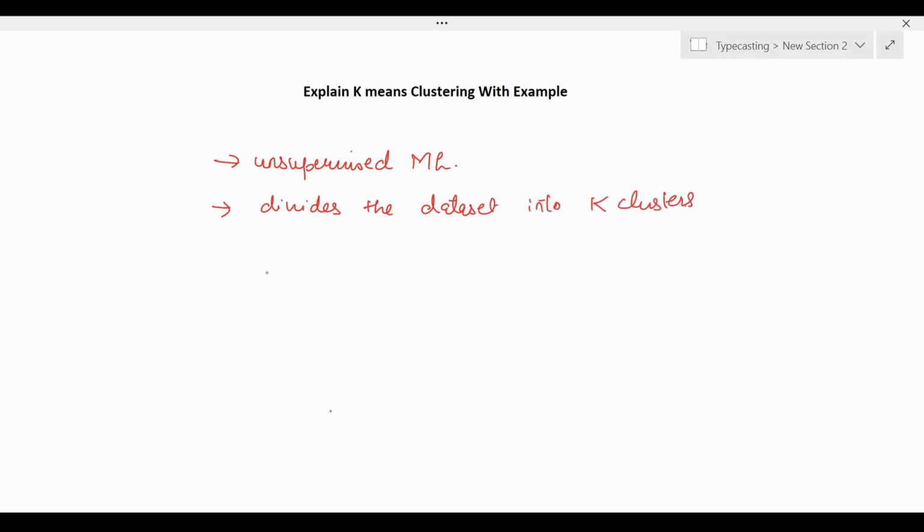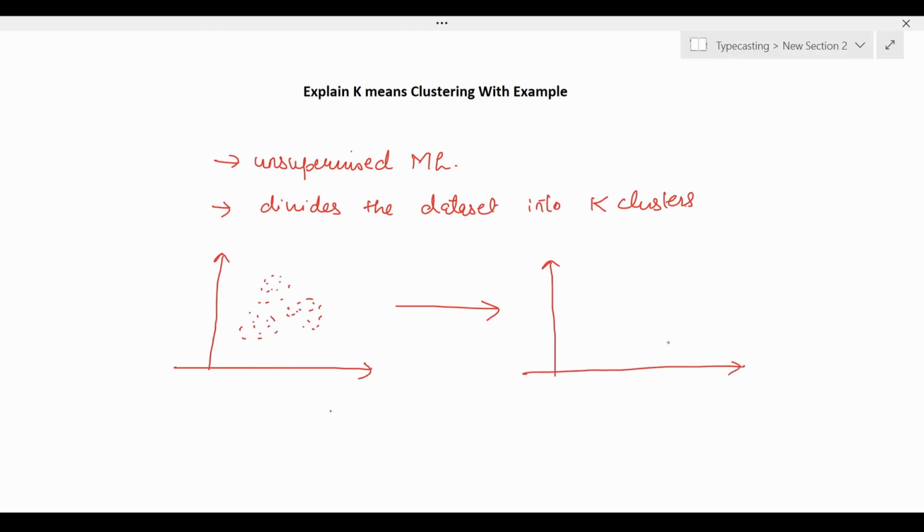So for example, you have some data points here, some data points here, some data points here. It will divide them into some clusters like this. It will put these data points inside one cluster, some inside another cluster, and some inside a third cluster.